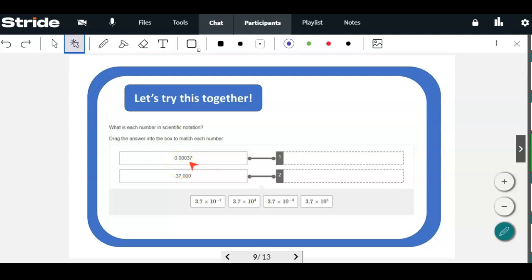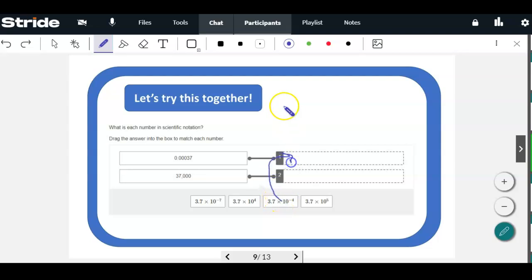You're going to move it over between the 3 and the 7. So it's 3.7. These are all 3.7, but it's either going to be -7 or -4 because it's a small number. Just look at how many places it's moved over. There's only 4, so it's going to be this one here.